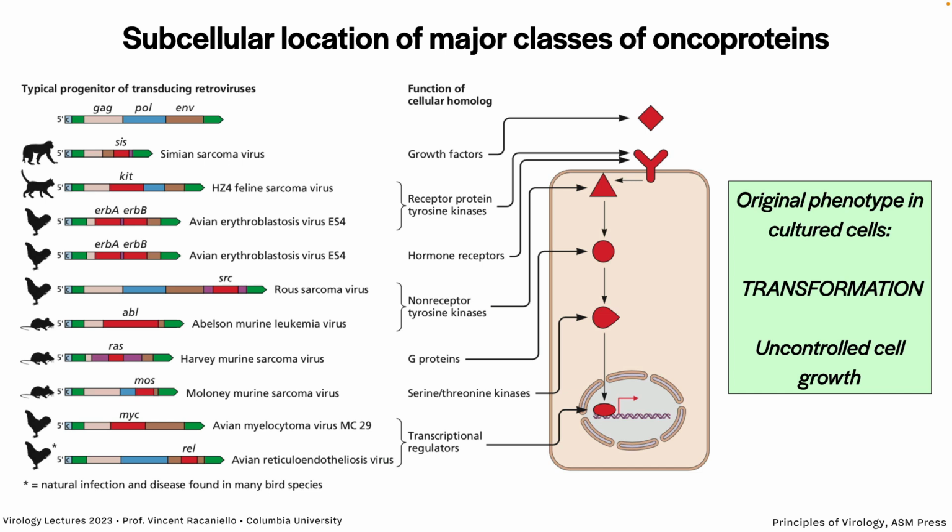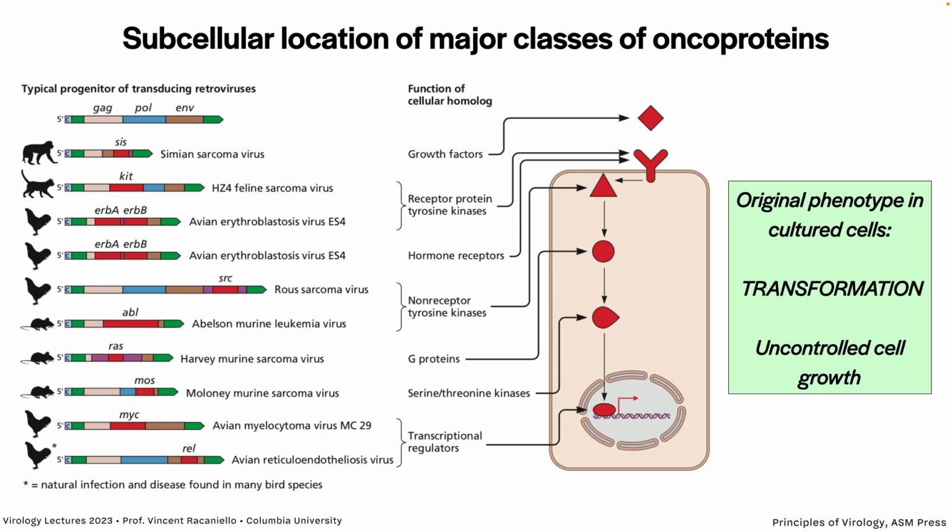So cell growth happens when a growth factor binds to a growth factor receptor on the cell surface. So you're adding serum to your cells to make them grow. Serum has growth factors in it. They bind receptors. That binding causes a cascade of phosphorylation events that ultimately lead to the turning on of transcription in the cell nucleus of all the genes you need for the cell to divide.